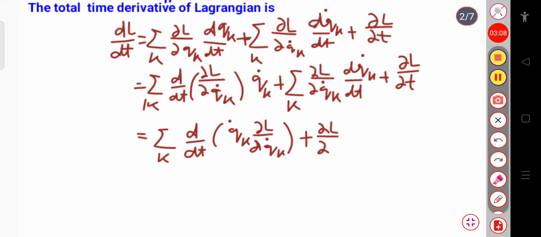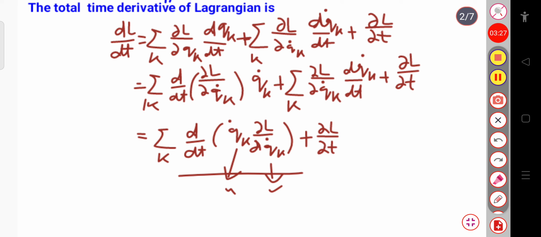Now you can see for this term, if I take the first term as u and this term as v, then d by dt of u into v will be, first of all, you take the derivative of u and v to be constant, and then u to be constant, and you take the derivative for v.